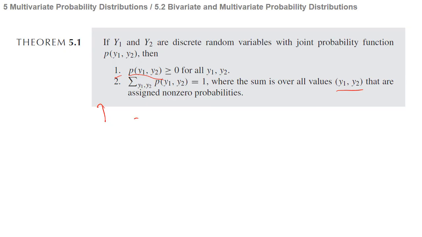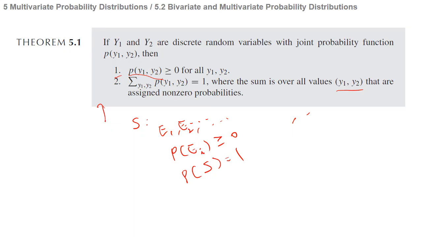So there is a sample space S, and all the simple events are called E1, E2, and so on. Then P(Ei) should be greater than or equal to 0, and P(S), the probability of all the events, is 1.